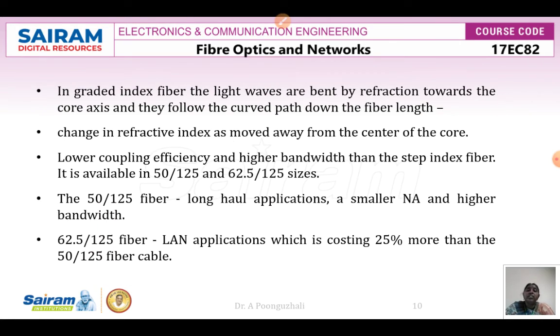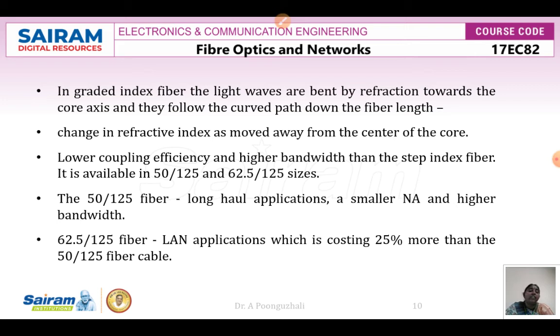Next, in graded index fiber, whatever light we want to propagate is bent by the process called refraction, towards the core axis. When it is going towards the core axis, it follows a curved path down the fiber length.